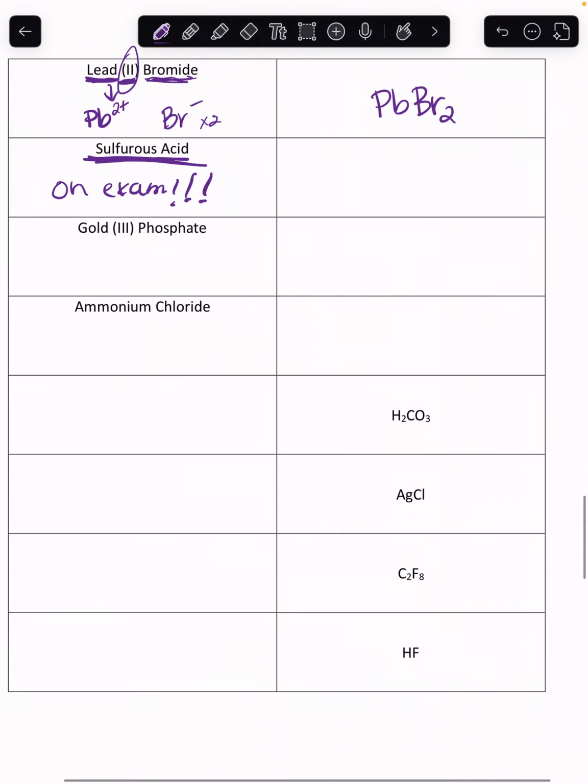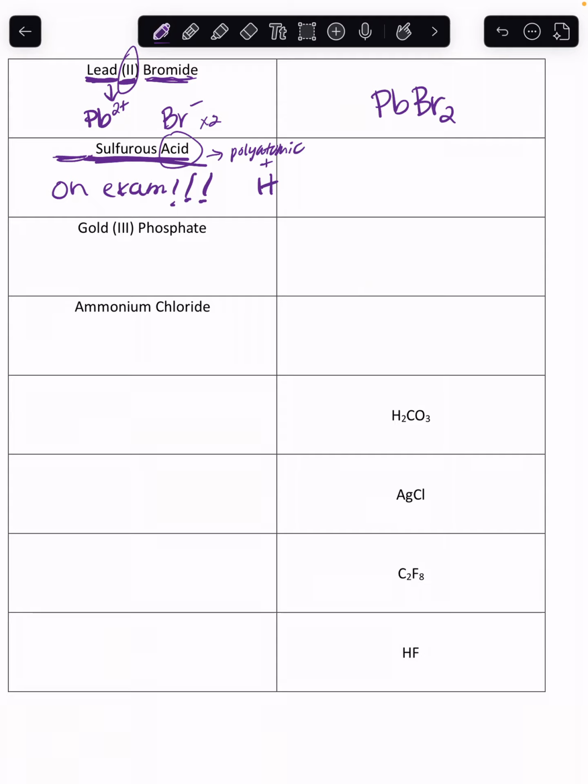But to figure it out, let's take a try. It's an acid, and it does not have the prefix hydro, which to me means it's going to be a polyatomic ion plus hydrogen. So I just have to find the right polyatomic.